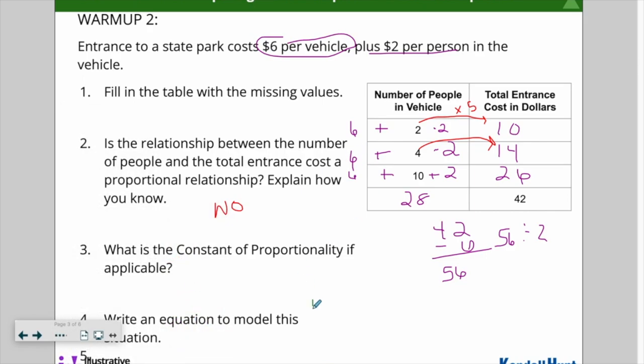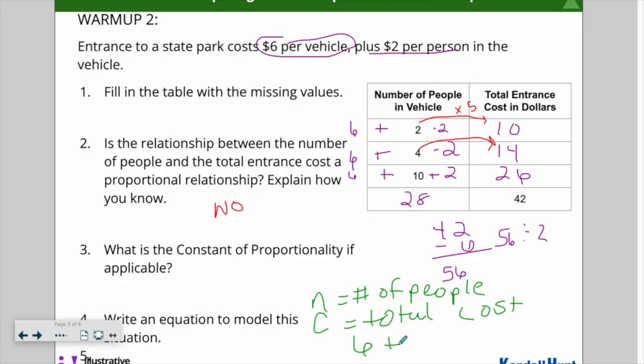So again, I'm going to let n be the number of people and c be the total cost. And so what did we do? We took 6 plus 2 times the number of people to get the total cost. So 6 plus 2n equals c.